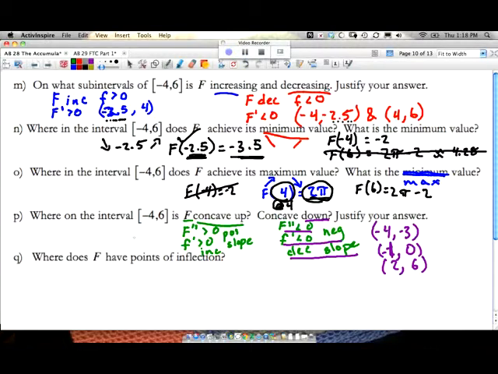When were we concave up? Well, that happened between -3 and -2, and it also happened from 0 to 2. Now, how do I know this?